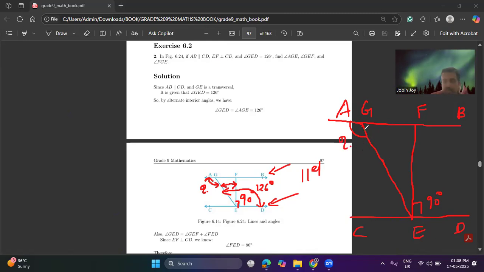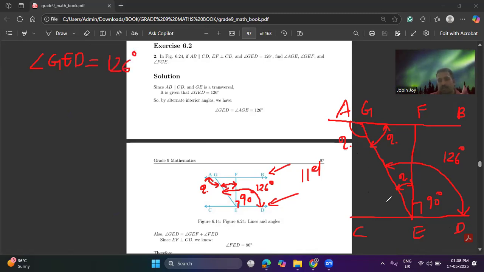Next is GEF, GEF means this angle. And FGE means this angle. And it is given that GED, this angle, is equal to 126 degrees.